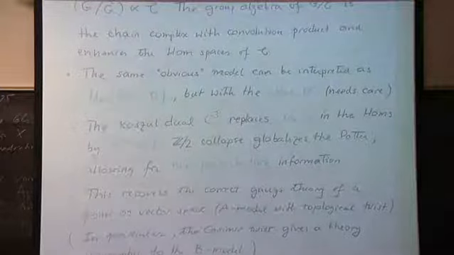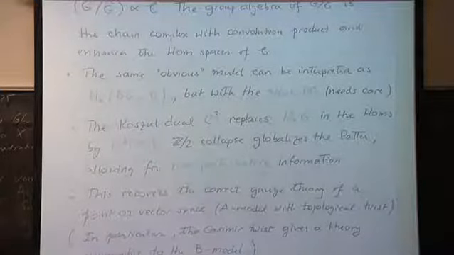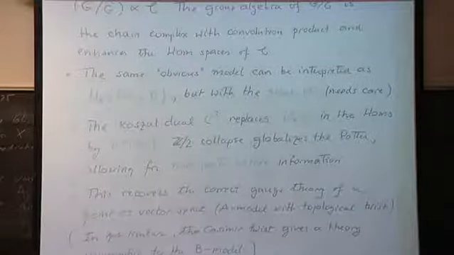And the virtue of this will recover the correct gauge theory of a point or vector space, the only ones I can honestly compute, also known as the A model with topological twist. And I'll discuss the Casimir twist in particular. But if you're going to use the obvious model suggested by homology theory, you get the wrong answer, and if you're going to use a curved Cartan complex, you get the right answer. That's sort of the point.